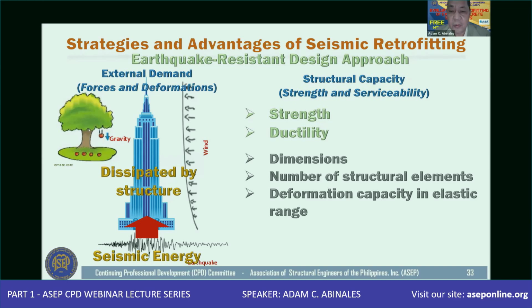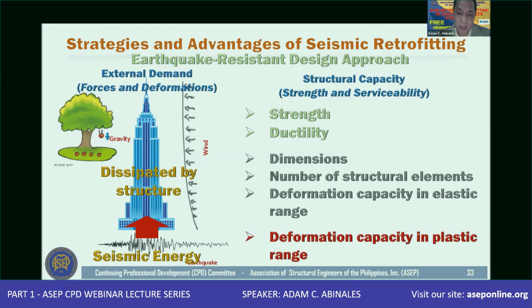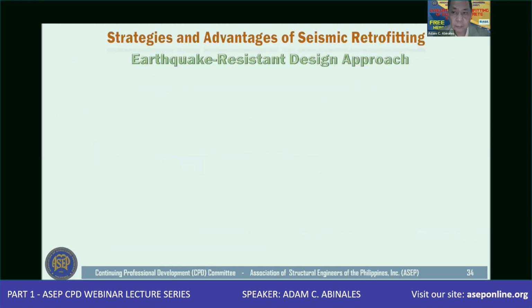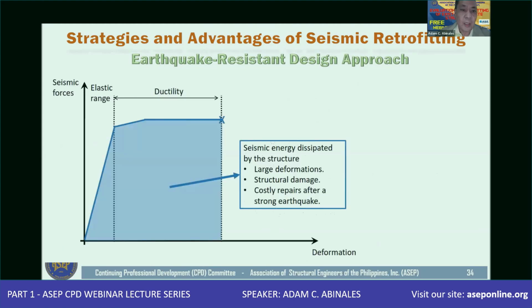And then we must design it so that we satisfy the requirement for the deformation within the elastic range. And then, of course, as we push the structure further, we must satisfy the deformation capacity in the plastic range. That is where the ductility will come in.